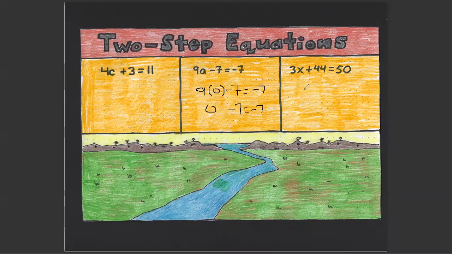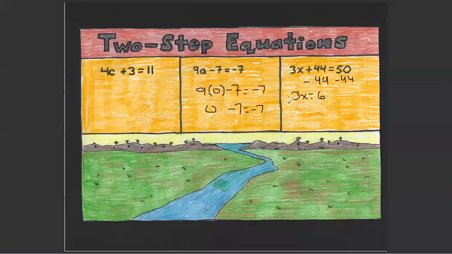And let us go to our final example, in which we have 3x plus 44 is equal to 50. We're going to subtract 44 from both sides because we want to get the variable on one side and the numbers on the other side. In this case, we have a 44 take away 44, leaving just 3x is equal to 50 minus 44, which is 6.